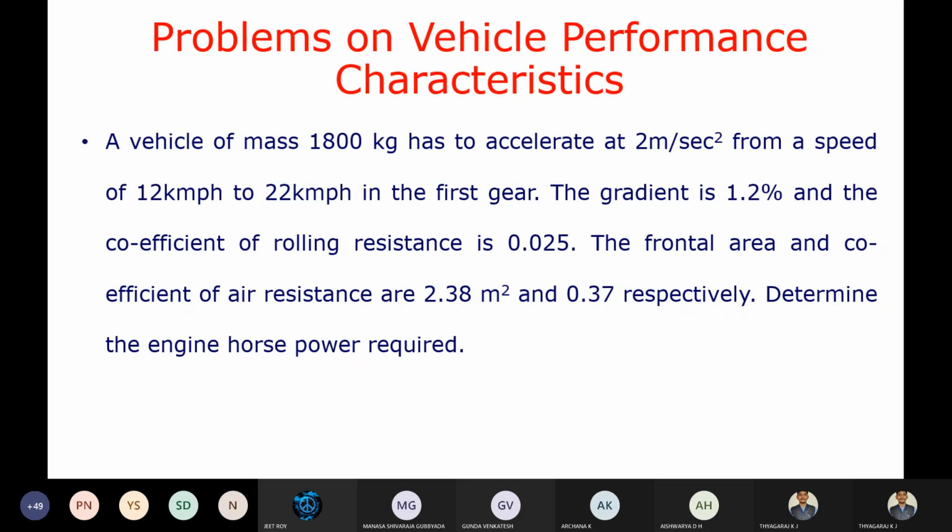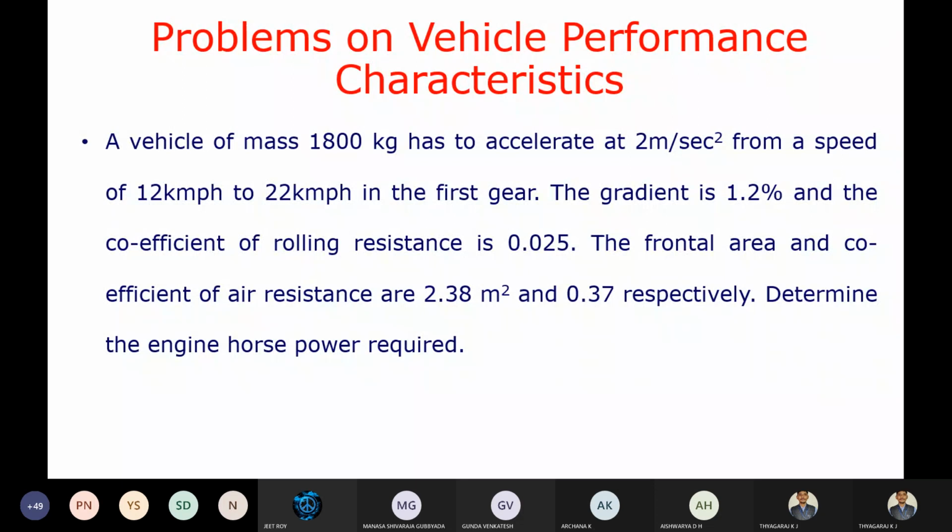The gradient is 1.2%, and the coefficient of rolling resistance is 0.025.